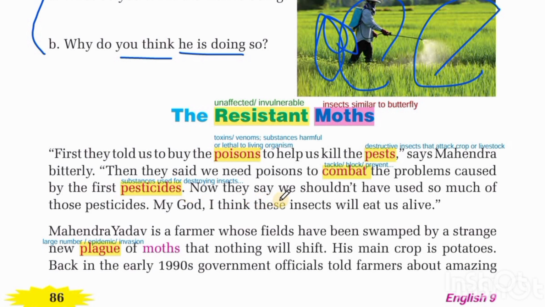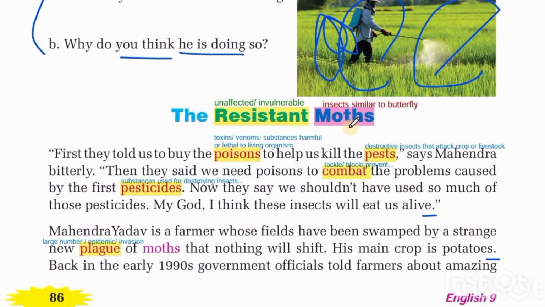Now they say we shouldn't have used so much of those pesticides. My God, I think these insects will eat us alive. Mahendra Yadav is a farmer whose fields have been swamped by a strange new plague of moths that nothing will shift. His main crop is potatoes.